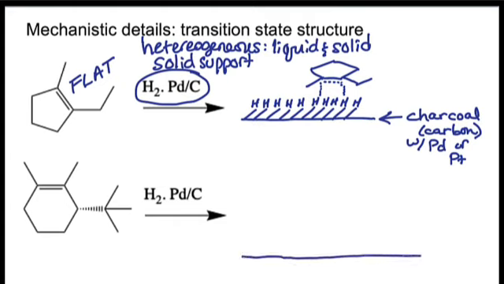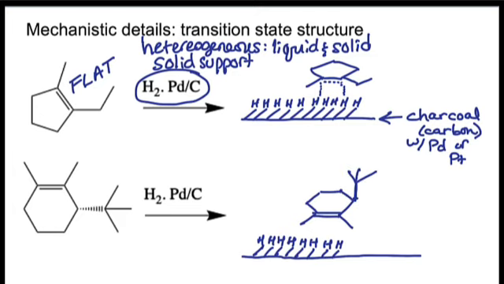Okay, in the next example, we've got the same sort of thing. But when the double bond approaches, this time it's got on the back side of it, so up here, a tert-butyl. All right, and so only the bottom face can react in this case, or only one face can react. And so we get a transition state that looks like this, but we don't get the other event happening.